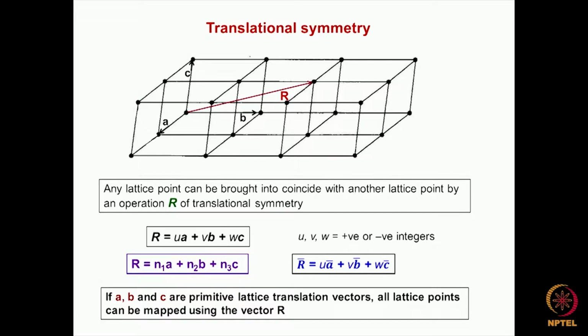This way, in the vector notation, all the lattice points can be generated by taking various combinations of U, V and W. What I have shown here are various types of notations, because different ways are used to represent it in the books.